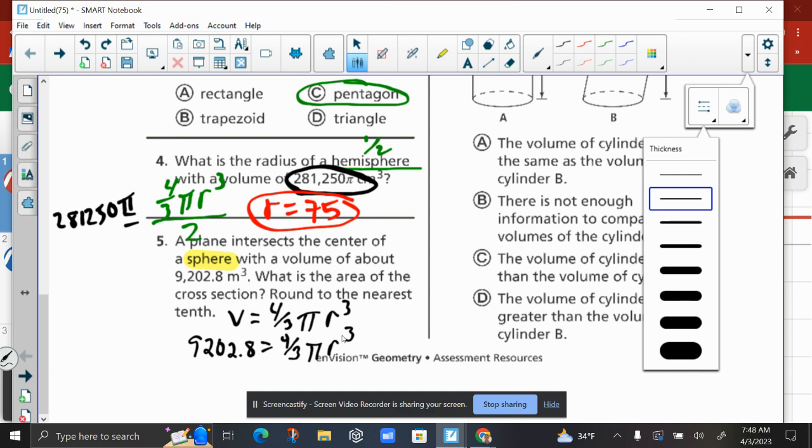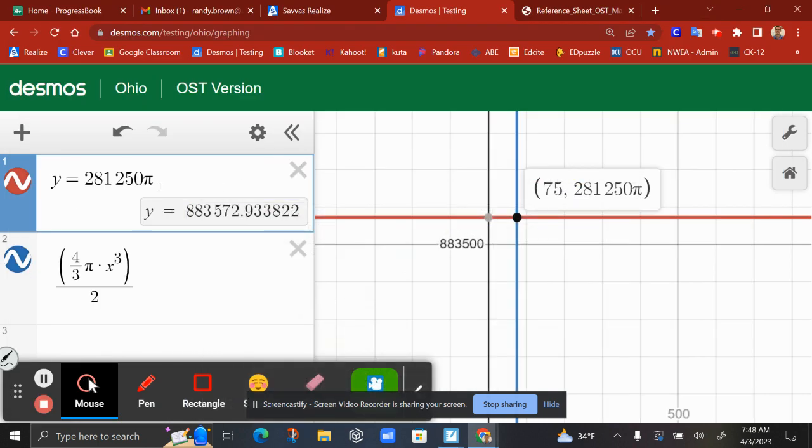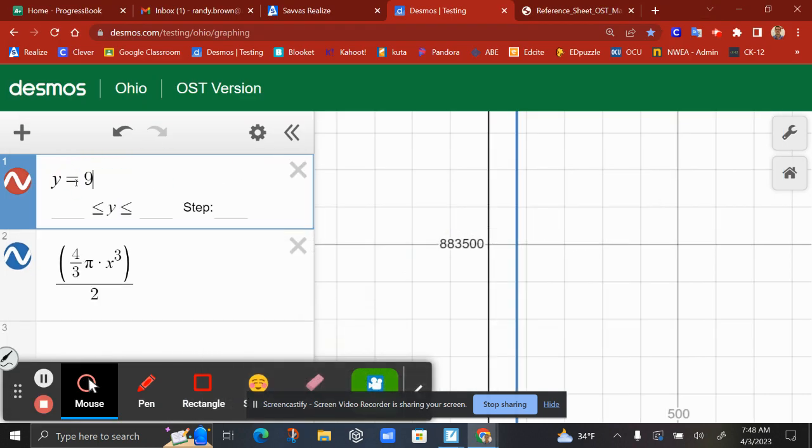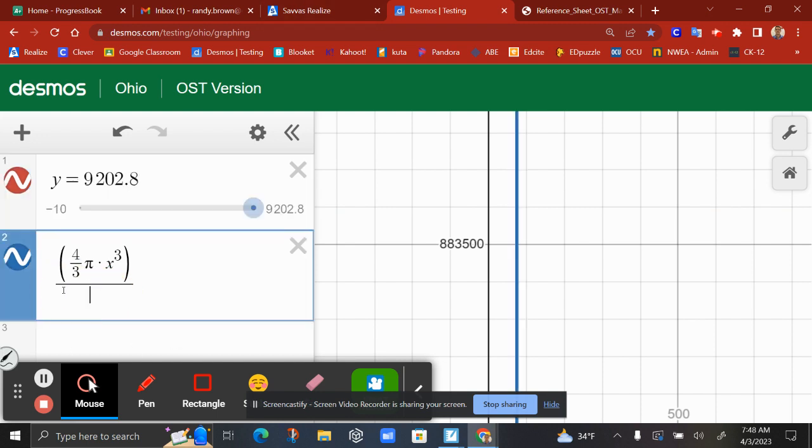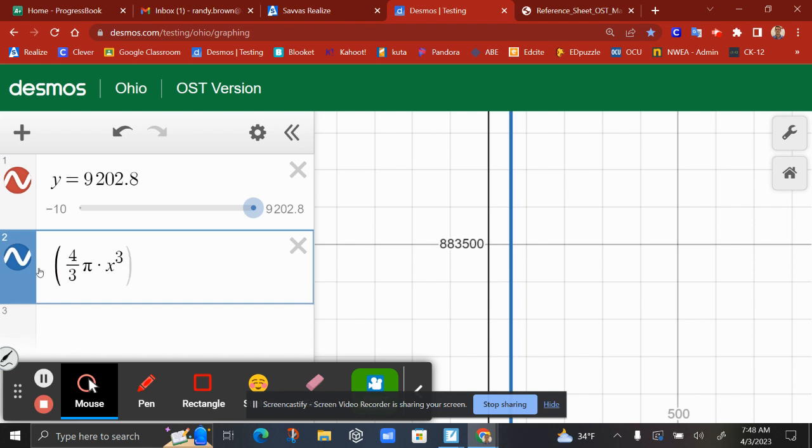Now, if I want to find out what r is, then I just plug the left side and the right side into Desmos, just like we did. And I'll leave y in there, 9,202.8. And then down here, I need to take away the 2. And I don't need the parentheses.